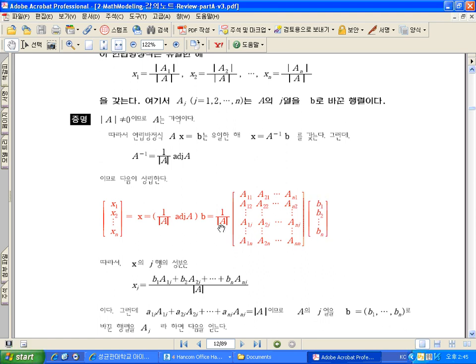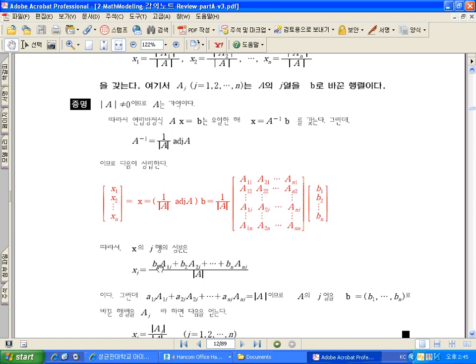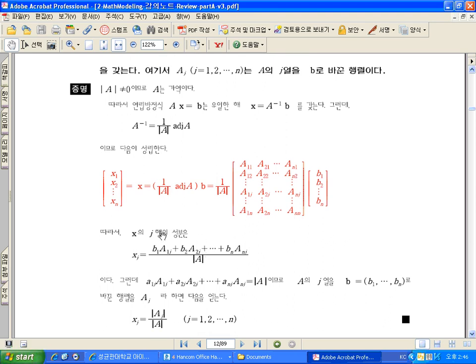Okay? So, what is this? Okay, so xj is the same as a1j times b1 plus b2 times a2j plus, plus bn times anj, over the determinant of A. Isn't it? Okay, this is it.